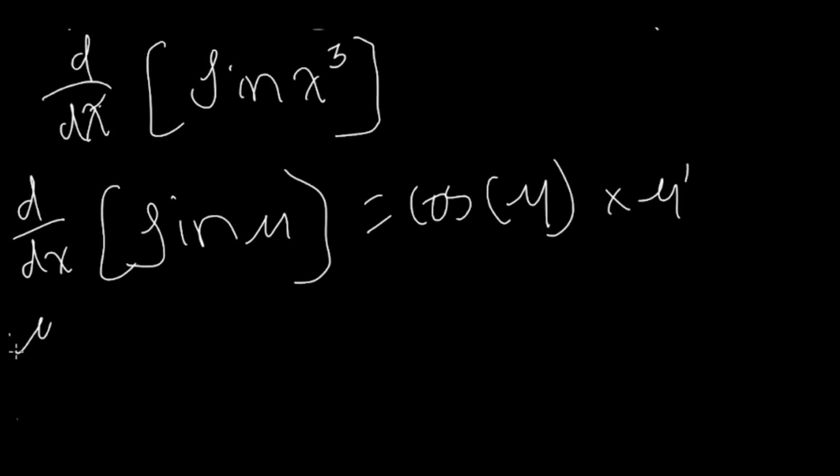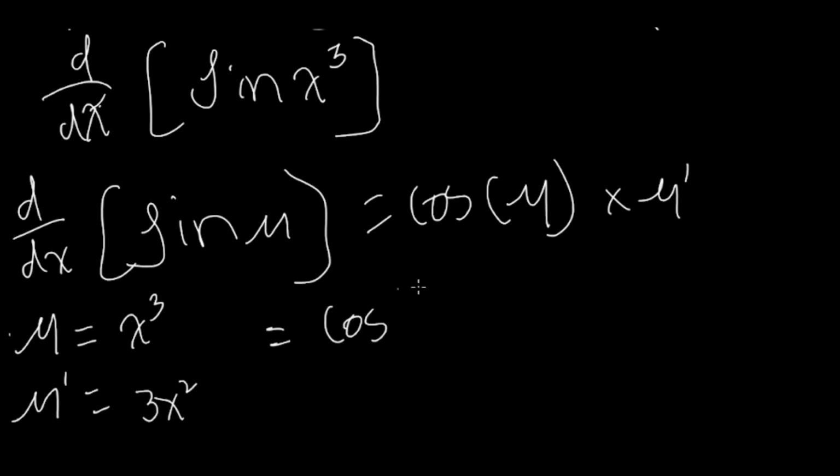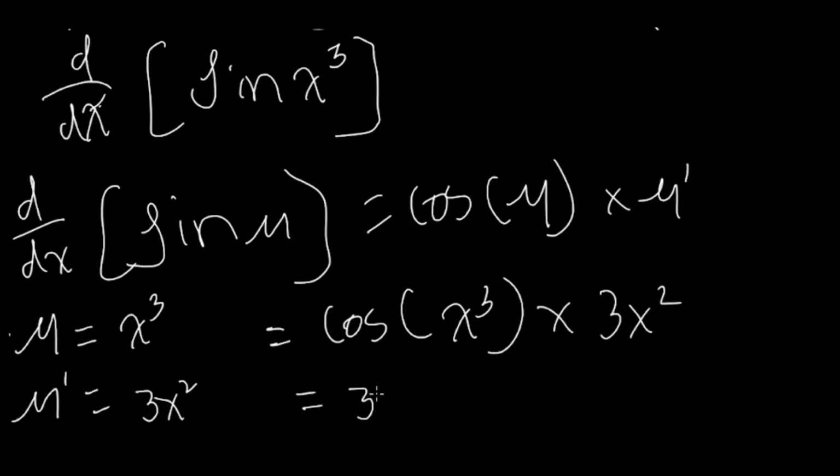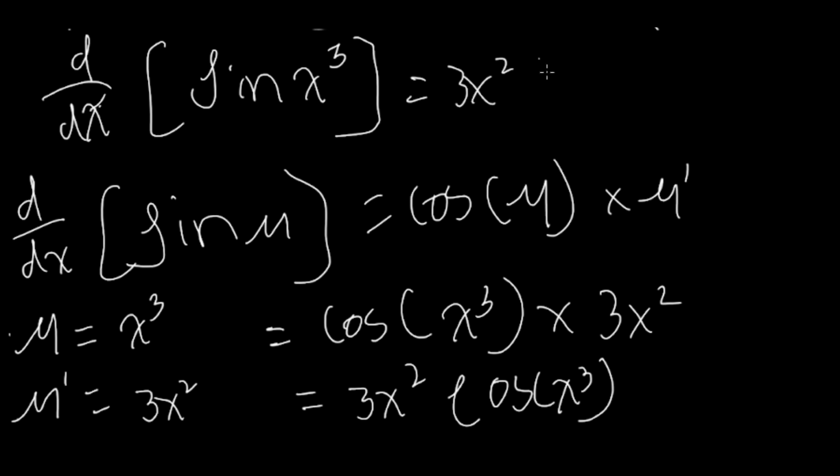So u is equivalent to x cubed, u prime is equivalent to 3x squared, and so this is equivalent to the cosine of x cubed times 3x squared, which is just 3x squared times cosine x cubed as our final answer.